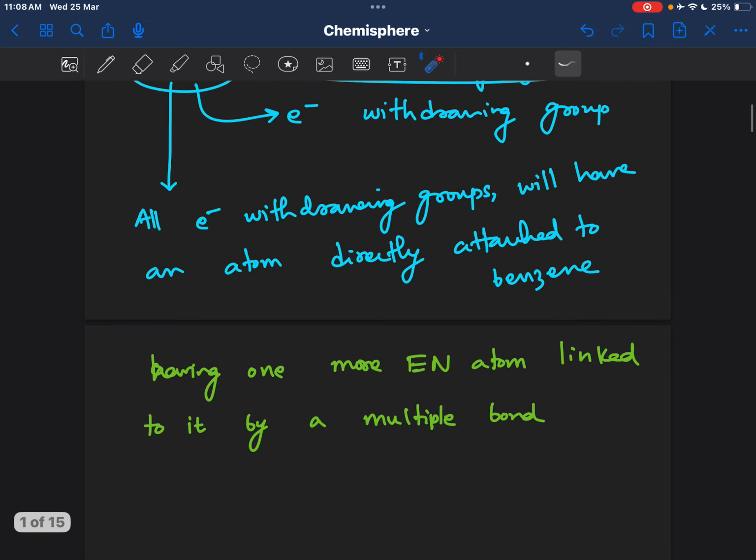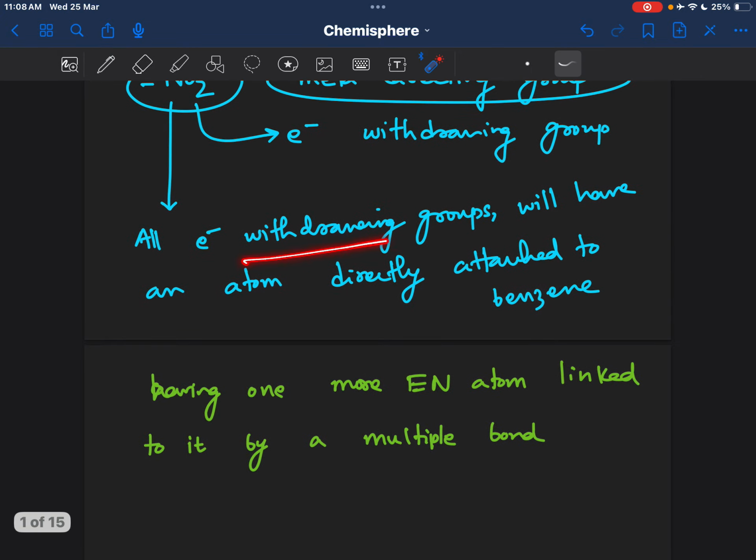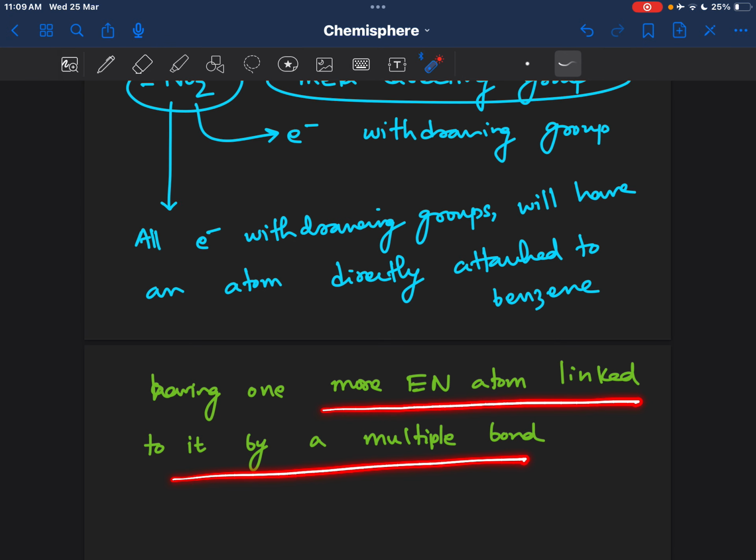So all the electron withdrawing groups will have an atom which is directly attached to benzene, and that atom will have one more electronegative atom linked to it by a multiple bond.